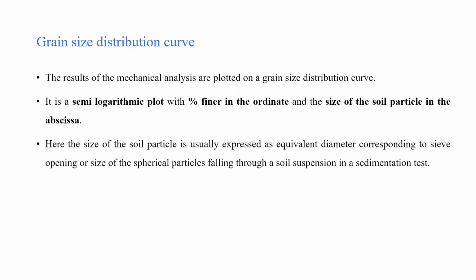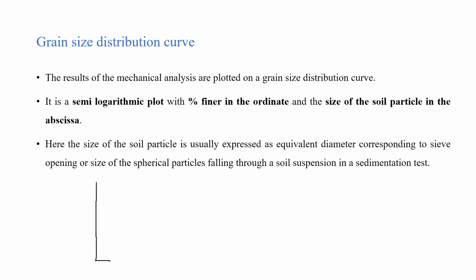The result of a grain size analysis performed by a sieve analysis or sedimentation test is usually represented in the form of a graph, which we call the grain size distribution curve. The grain size distribution curve is usually a semi-logarithmic plot. Let me draw this.